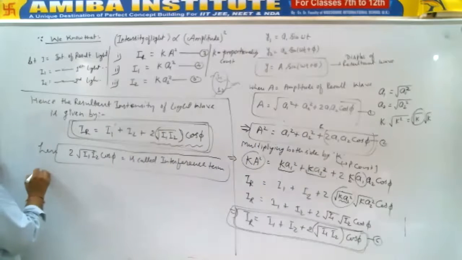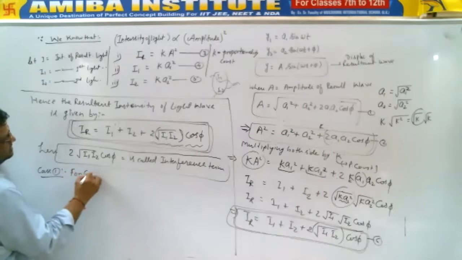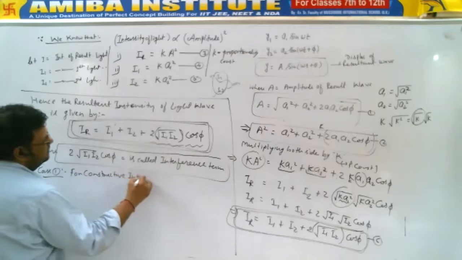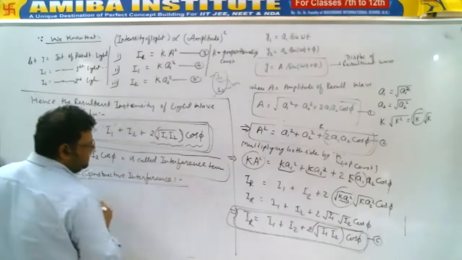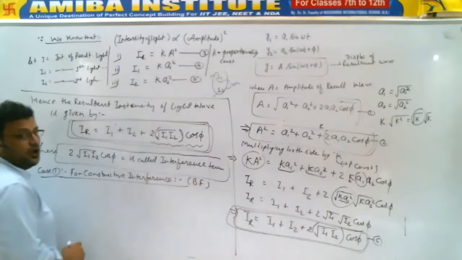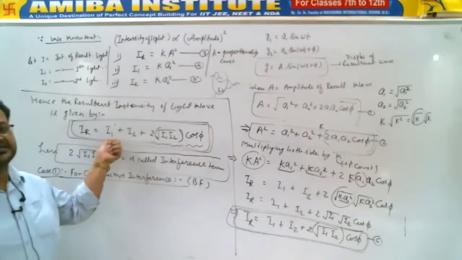So now case one, for constructive interference. We know that for constructive interference, maximum intensity should be obtained, right? Do not say that the maximum intensity would be I1 plus I2.